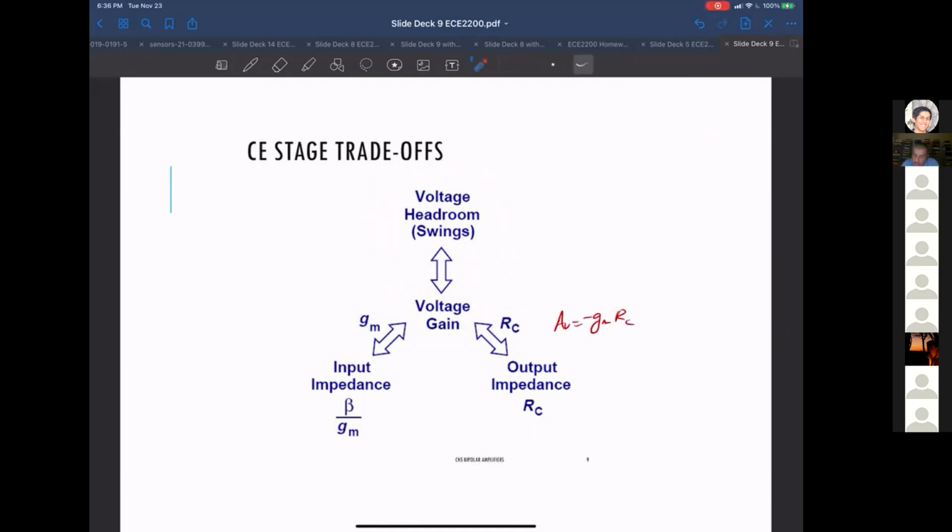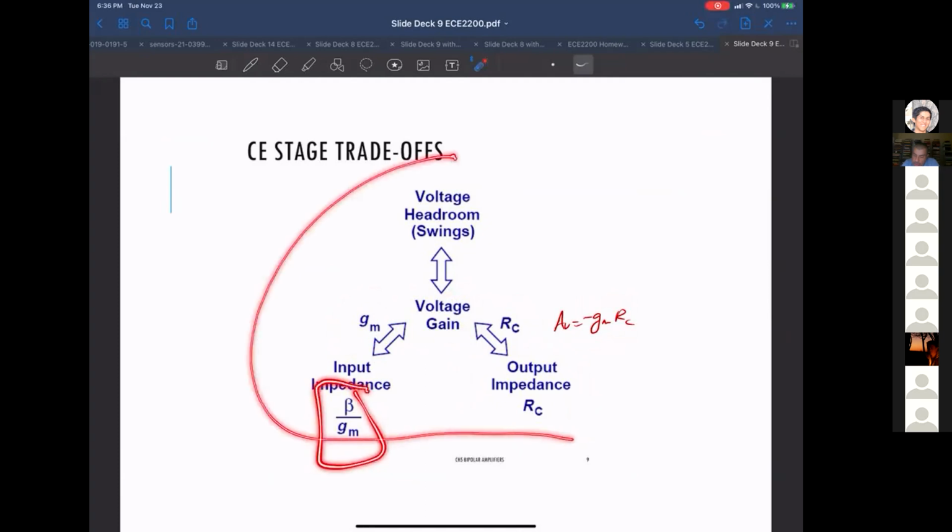But the higher the R sub C value, the higher your output impedance, which means you're going to have a difficult time driving loads. And then you can also try to increase your gm to get higher voltage gain by the same token. But because your input impedance is beta over gm, every time you increase gm, you're reducing your input impedance, which is not good for loads driving you.